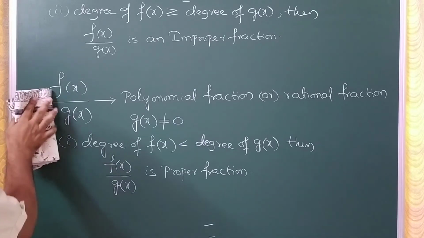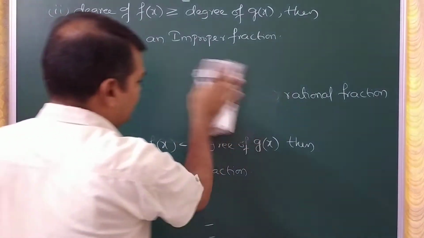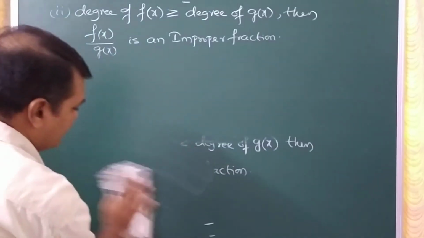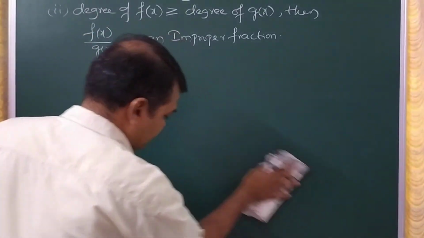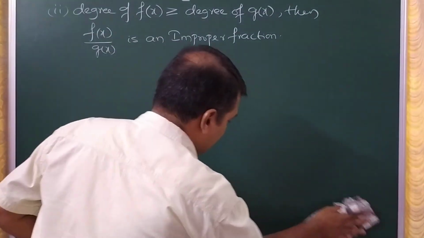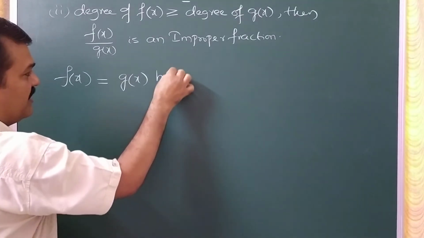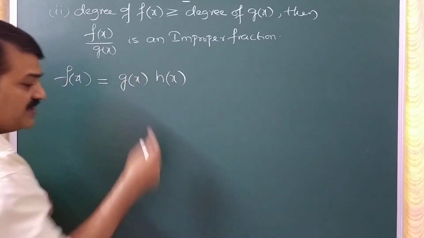Okay, next, now I will discuss what reducible and irreducible factors are. So what is a reducible factor, what are irreducible factors, those we will discuss. For example, if you take f of x, if f of x can be expressed as a product of two other polynomials, these are some other polynomials.